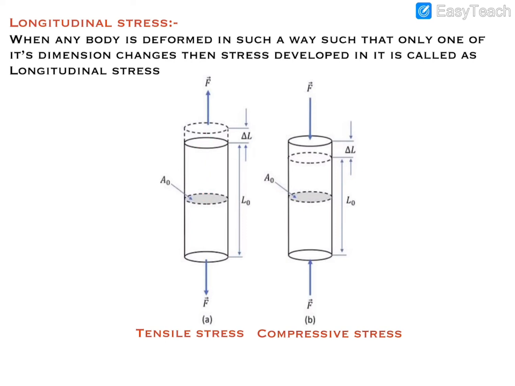That restoring force per unit area is called tensile stress. And when this wire or rod is compressed by some force, a restoring force is developed in the opposite direction of this external force. This restoring force per unit cross section area is called compressive stress.